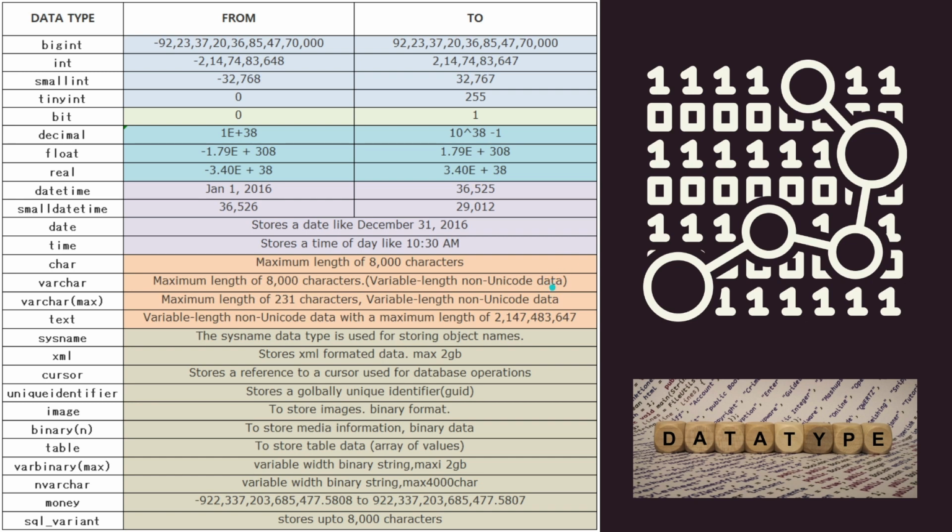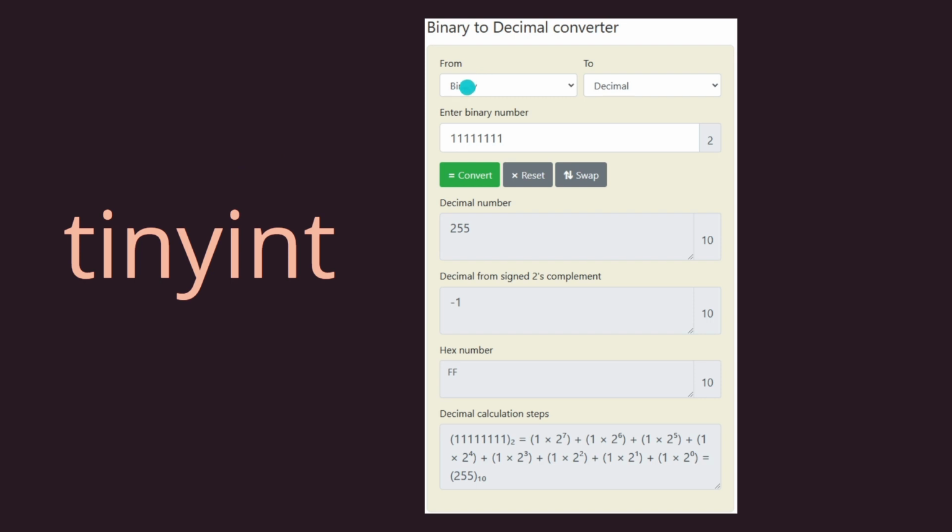Now when I say bits, your numbers are stored in zeros and ones, right? So that's why we use bits. So 1 bit will be used to store either a 0 or a 1. Now we just used a converter that we can find online. There are a lot of converters that you can play around with. So when we say binary to decimal converter, and we enter 8 ones and convert it to decimal, we see that the maximum decimal number that can be stored here is 255.